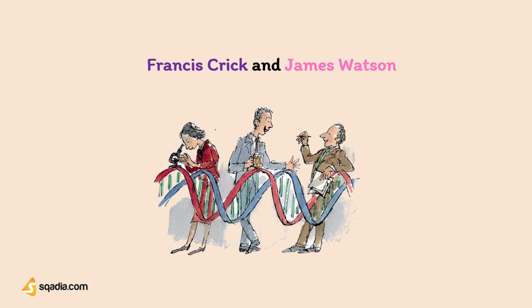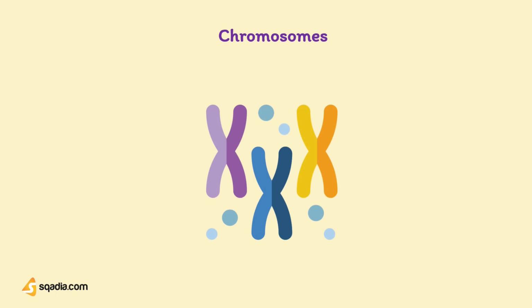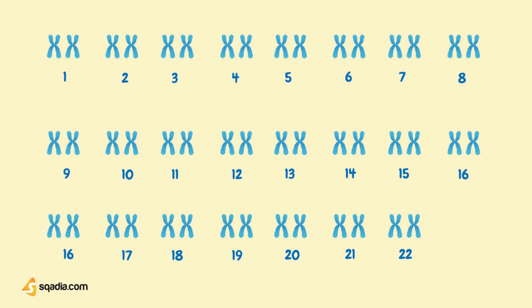But other organisms have different genome sizes. Chromosomes are bundles of tightly coiled deoxyribonucleic acid, located within the nucleus of almost every cell in our body. Humans have 23 pairs of chromosomes. 22 pairs are autosomal chromosomes, meaning non-sex chromosomes, but one pair contains sex chromosomes.